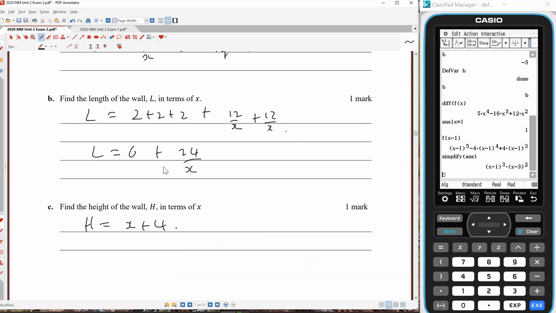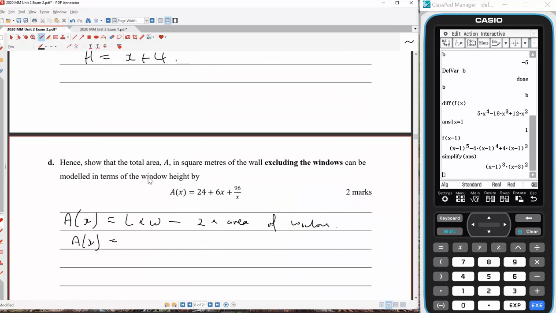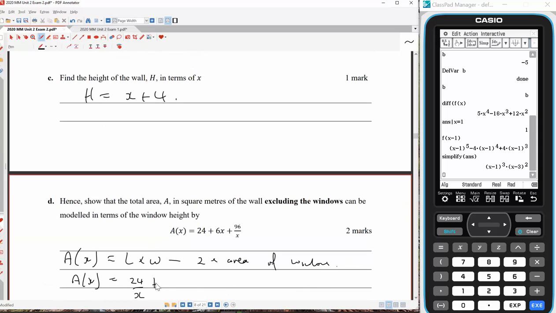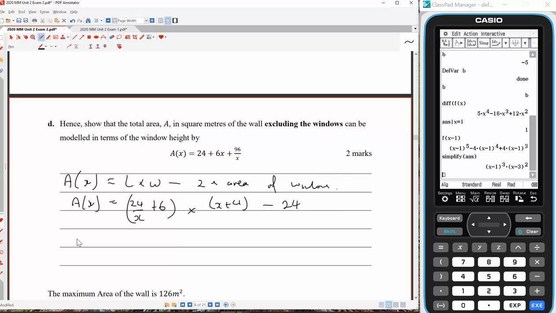Now the length is 6 plus 24 on x, times the width or height, which is x plus 4. Take away two lots of 12, which is 24. Okay, let's just see where this is going.